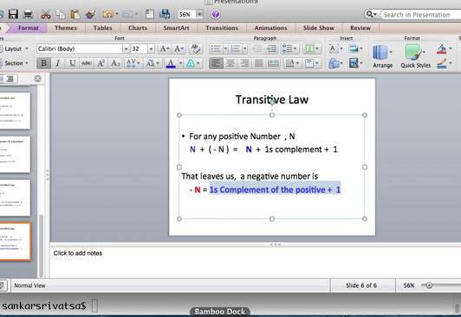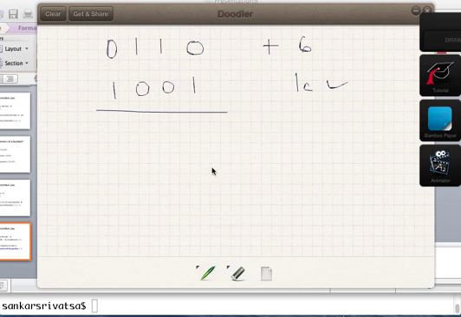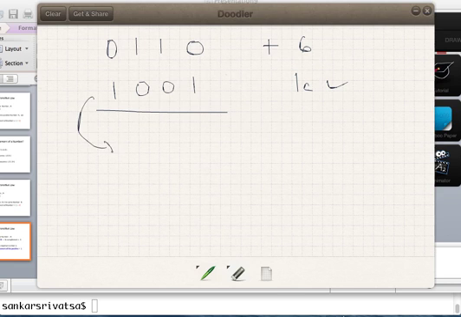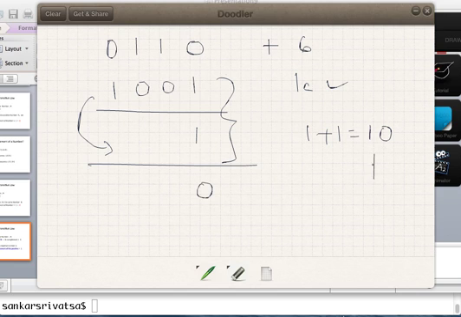So if you add 1 to it, then we add them up. 1 plus 1 is 2. In binary, it's equivalent to 10. So we have 0 and carry 1.